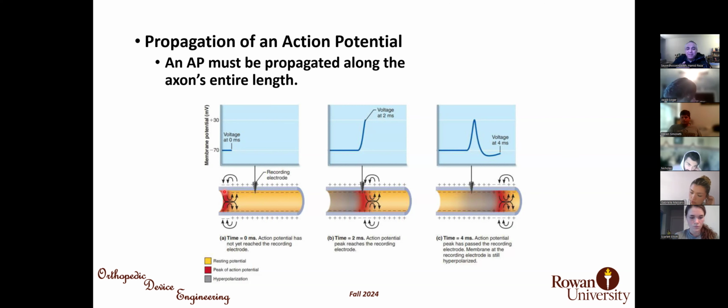So the cell membrane now becomes depolarized. It was polarized at first, now it becomes depolarized. And this is called the action potential. And this is the nerve impulse.